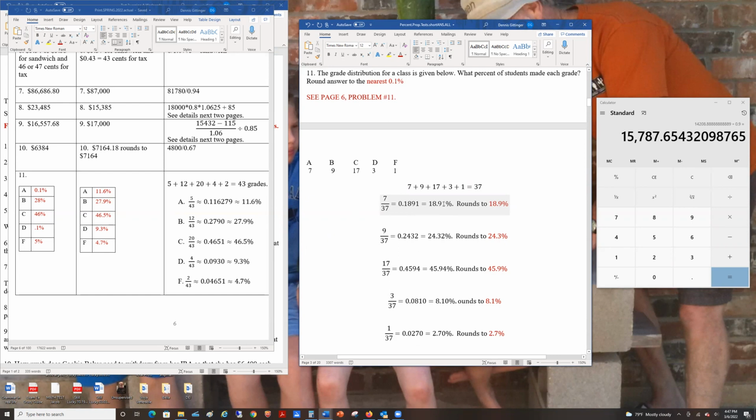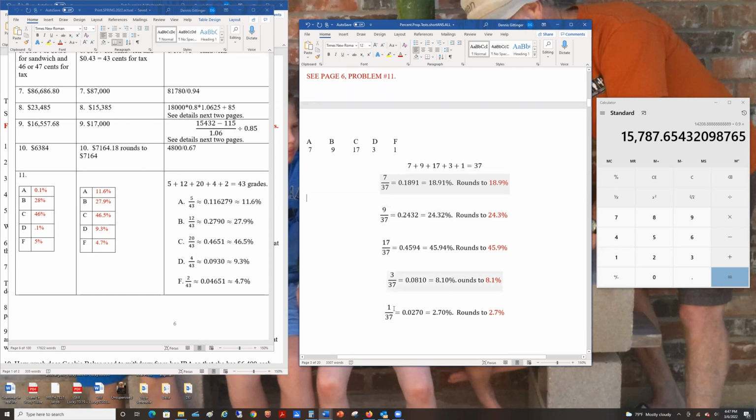The nearest 0.1% is where the 9 is, the first digit to the right of the decimal point, and the digit to the right of that is 1. It's not big enough to bump it up; it wouldn't go from 18.9 to 19.0 because the 1's not big enough to do that. Likewise, the other ones. Please look at page 6. It's got this all worked out, with the same requirements about rounding to the nearest 0.1%.